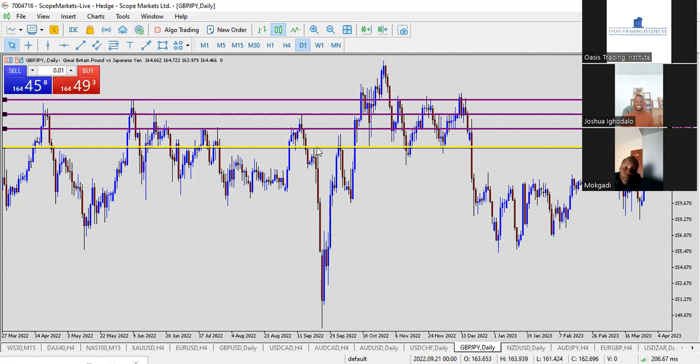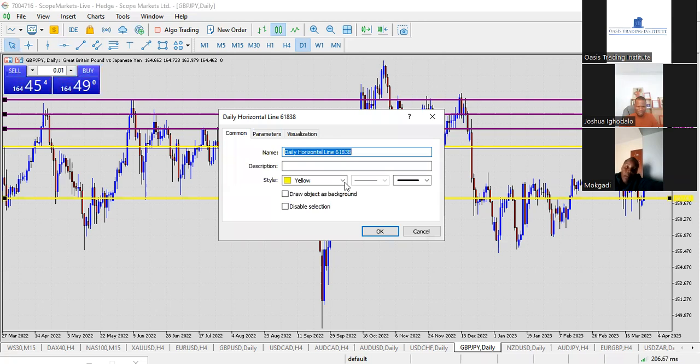resistance, as well as the average price in this particular GBP JPY currency pair on a year-on-year time frame. Okay. And then moving on, we're going to be checking orders. Let me change the color back to our purple.